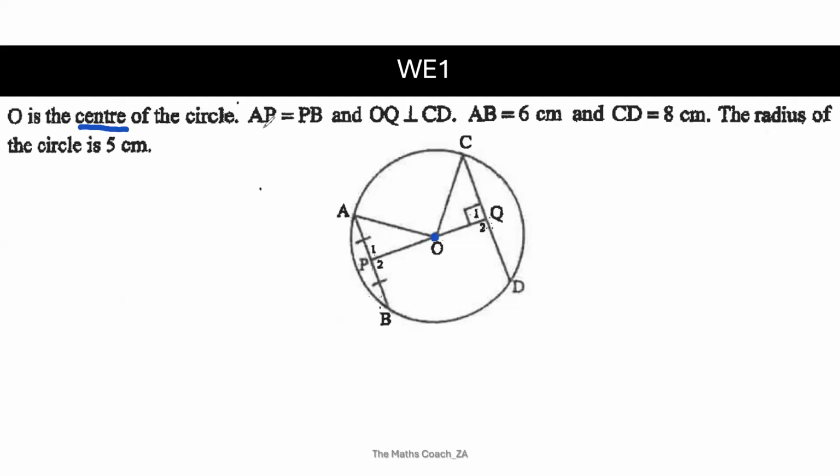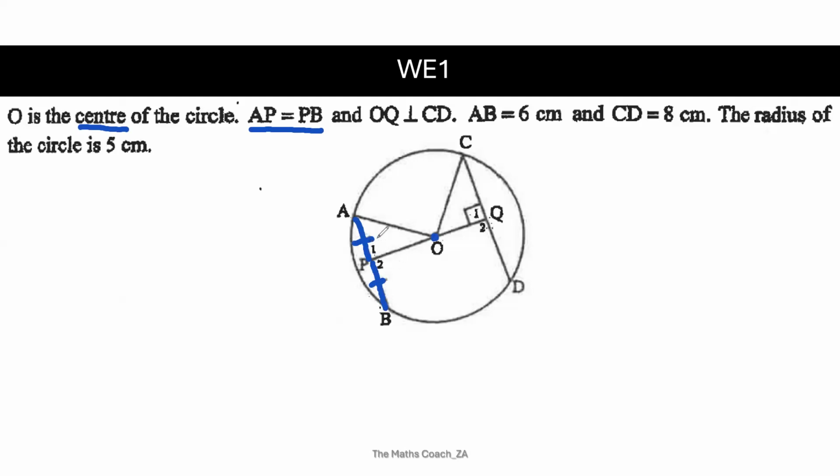Now, what else are we given? We are given that AP is equal to PB. So look at AP. Here is AP and here is PB. And these two are equal. This sounds like the converse of the theorem that we just discussed. I hope you see that. If you've seen it, well done. Now, what can we conclude?